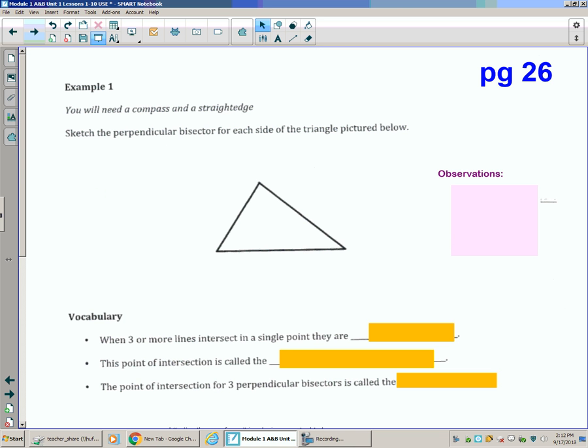All right. So today was called Points of Concurrencies, and the first point we're going to look at is the point where perpendicular bisectors meet in a triangle. So if I take my compass and do a perpendicular bisector, I'm going to pick first the left side, and I go a little bit further than halfway along the left side of the triangle, and I make almost a semicircle going up and down.